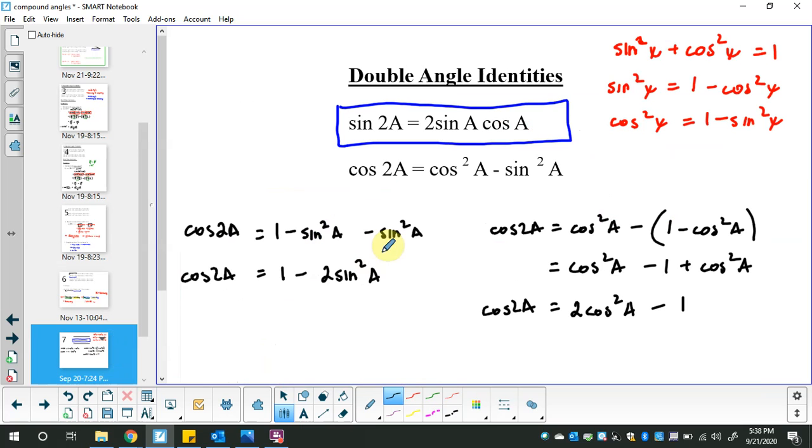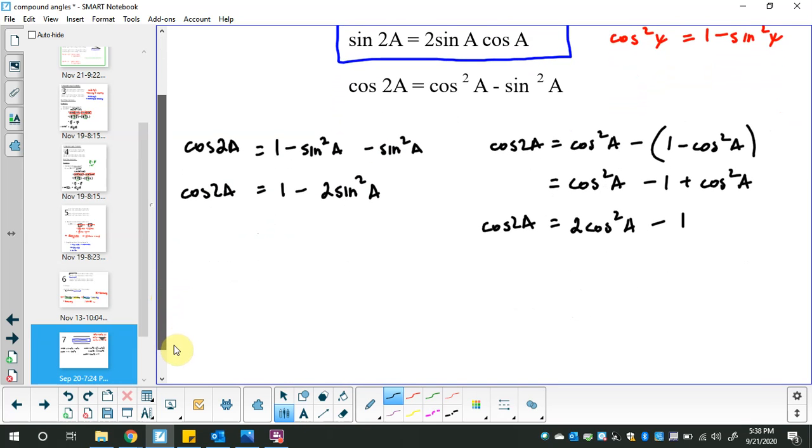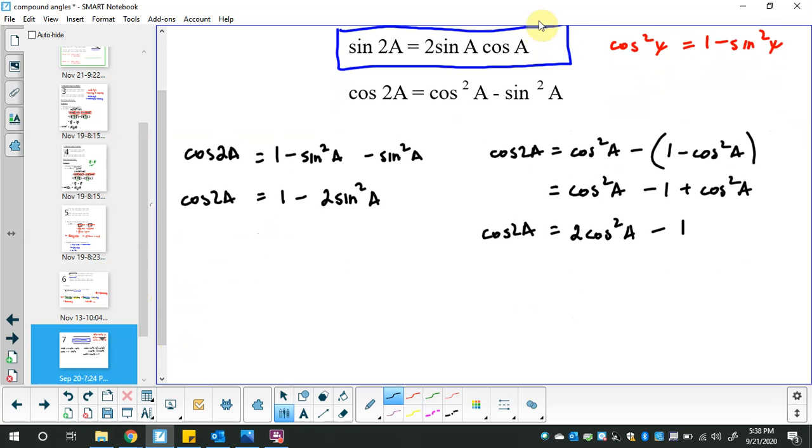So now I want to take a little break from this. So we're not doing any questions yet. I want to show you how this blue thing works. So this blue is a double angle identity. Basically, you have a double angle and can split it up into single angles. That's what this does for you.